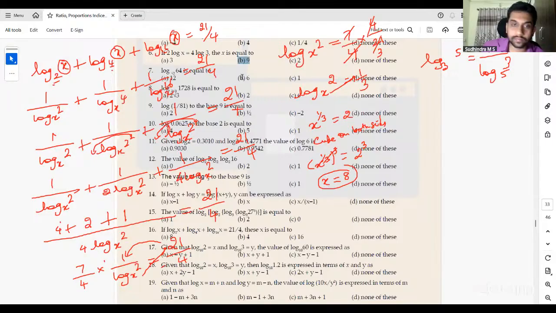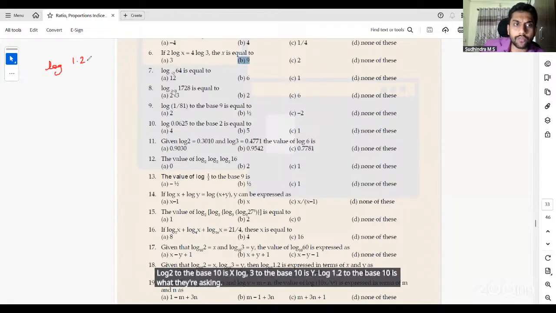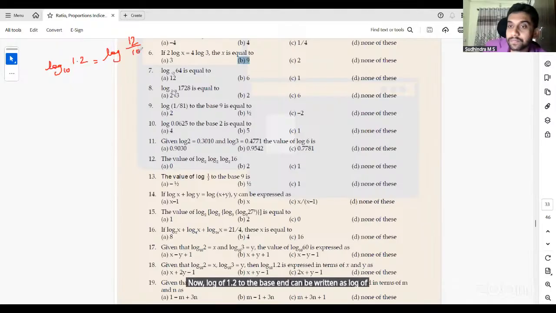No, sir. So question number 18 says log 2 to the base 10 is x, log 3 to the base 10 is y. They're asking for log 1.2 to the base 10. Log of 1.2 to the base 10 can be written as log of 12 by 10 to the base 10. 1.2 can be written as 12 by 10.